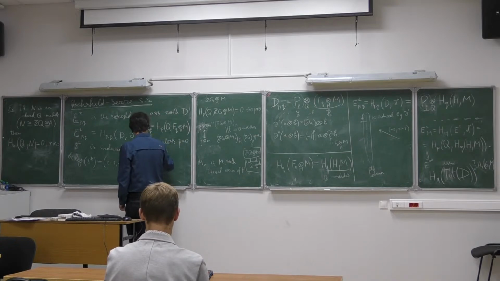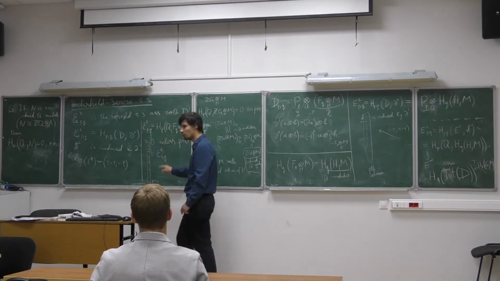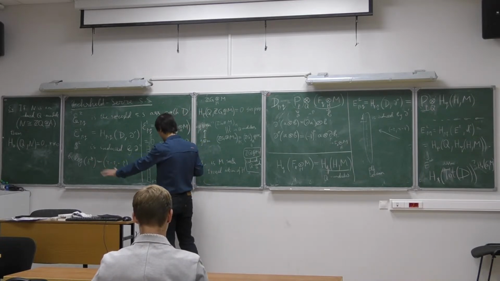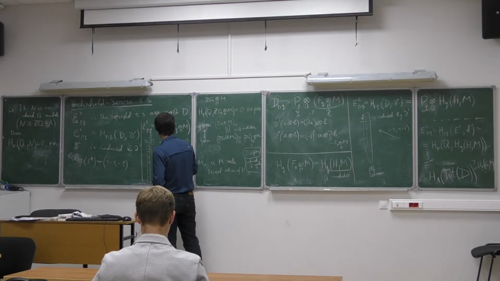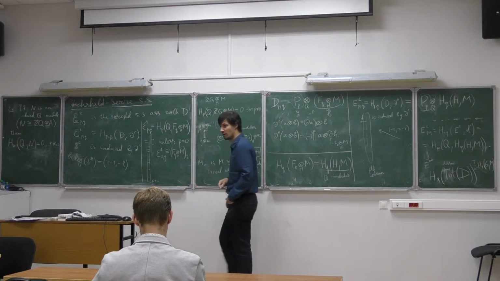So if we take 0q, everywhere else it's 0, but at 0q it is canonically isomorphic to FQ times H with M and coinvariance over Q.